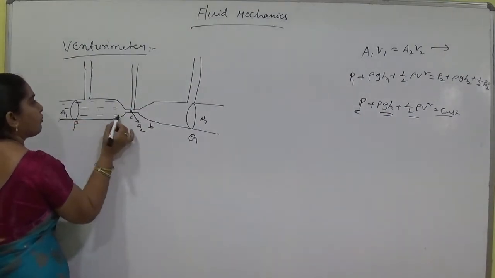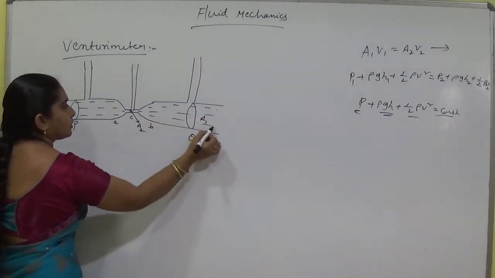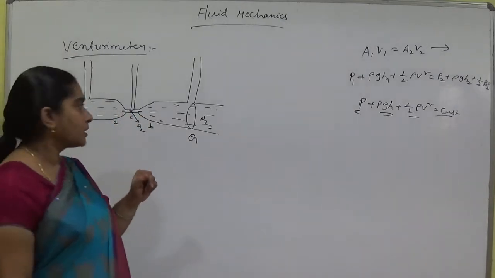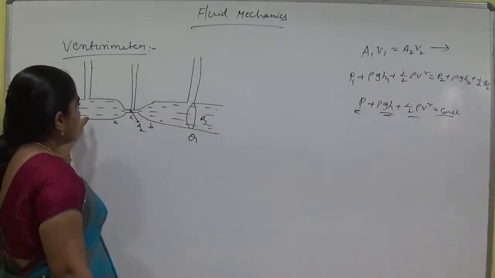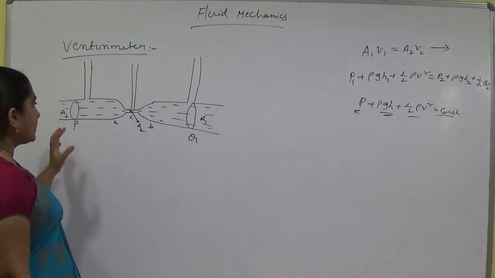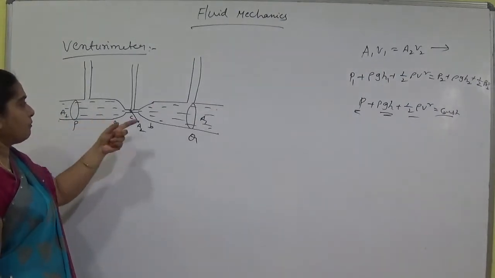When the liquid flows through the pipe, the streamlines are in this direction. The pressure is the same in a horizontal pipe with no flow, but in a flowing liquid the pressure is different.